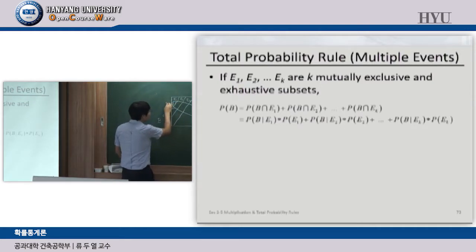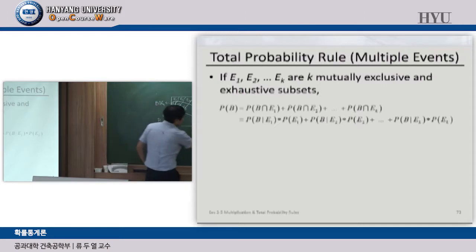This will be the intersection of B and E1, right? And this part will be the intersection of B and E2, right? This part will be the intersection of B and E3. And this part will be the intersection of B and Ek, right?